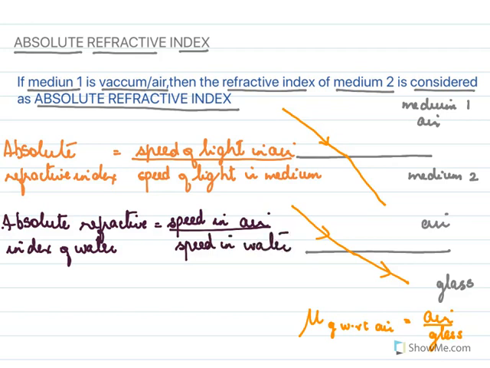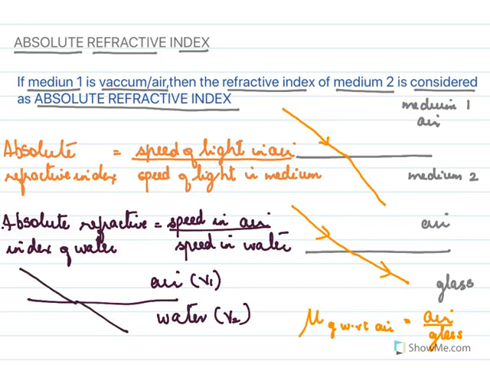And when the light travels, it would travel from air to water. Speed in air, say this is V1 and this would be V2, and what you measure now will be the absolute refractive index of water.